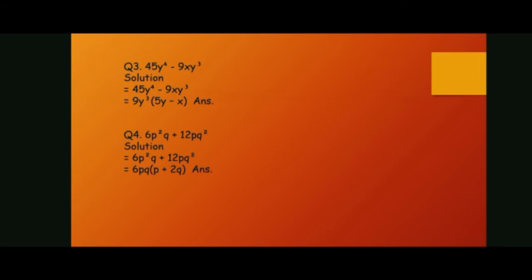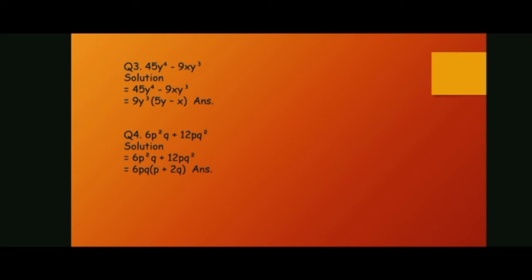Now question number 3, which is 45y to the power 4 minus 9xy cubed. Again we can take 9 as common because 45 also exists in the table of 9. In the variables, the first term has y four times and the second term has y three times. We take the smaller power as common. So we have taken 9y cube as common, and the remaining terms in the bracket are 5y minus x.